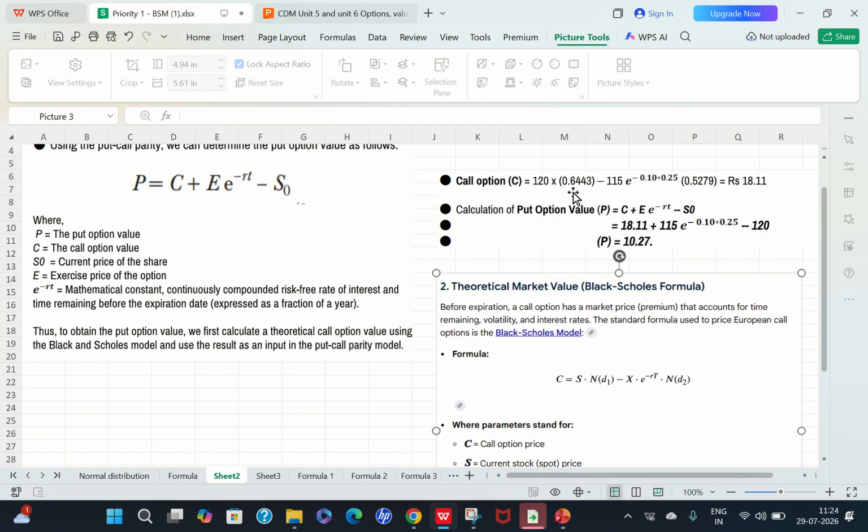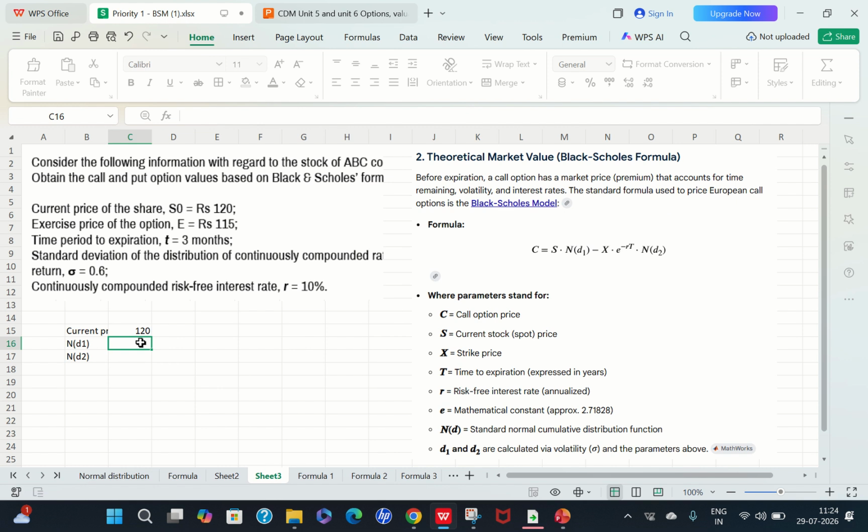So 0.6443, 0.5279. So N(D1), N(D2) we have determined here.